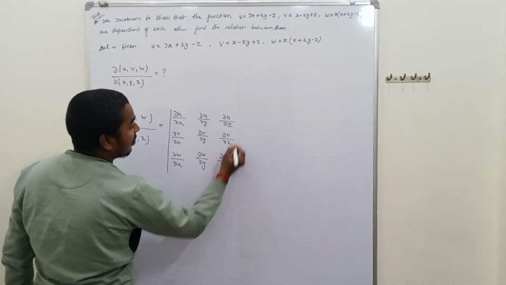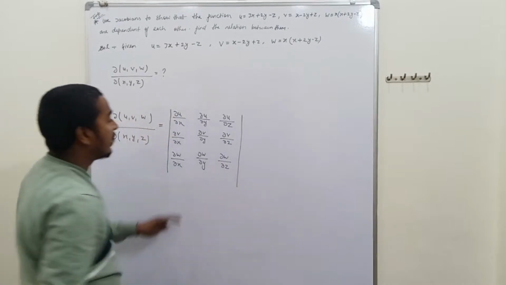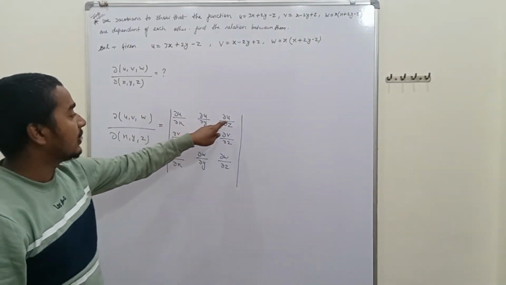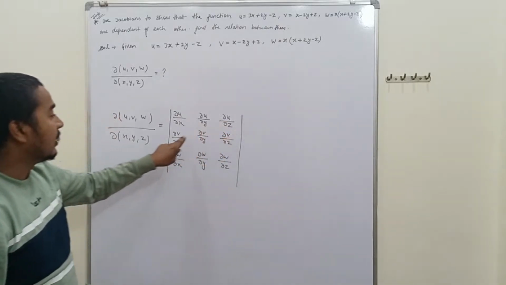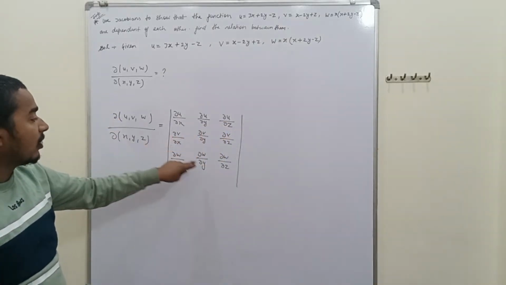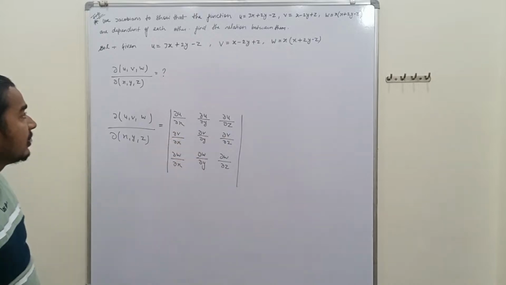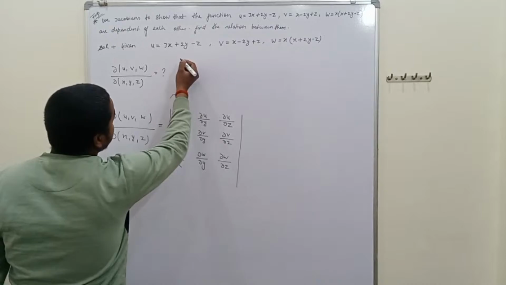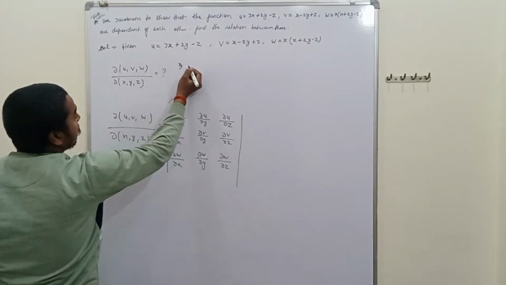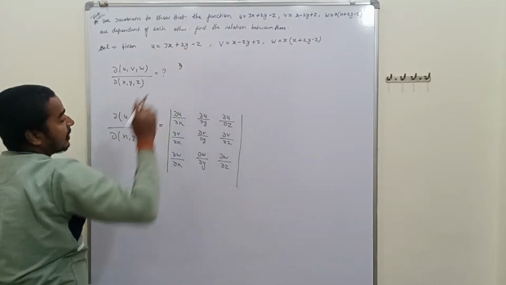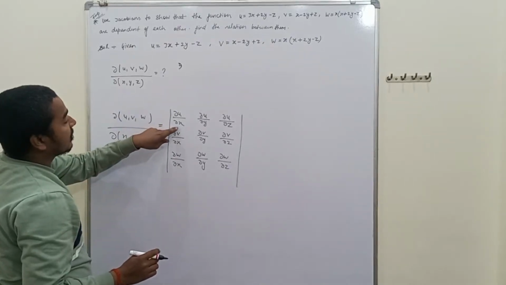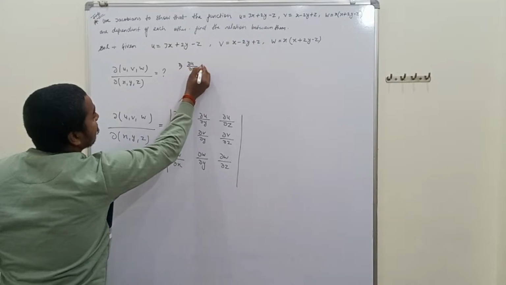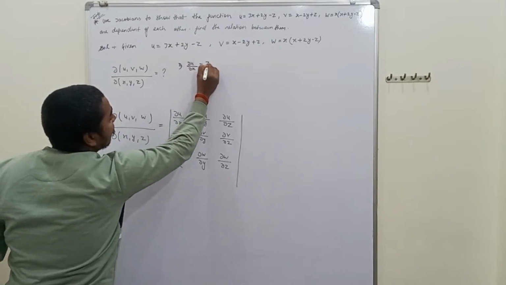We have to find the values of del u upon del x, del u upon del y, del u upon del z, del v upon del x, and all of these we have to put in the given determinant. First, del u upon del x. From u = 3x + 2y - z, differentiating partially with respect to x, del u upon del x is equal to 3.